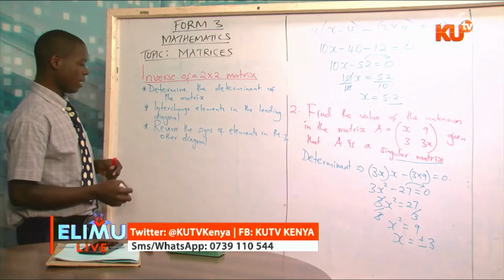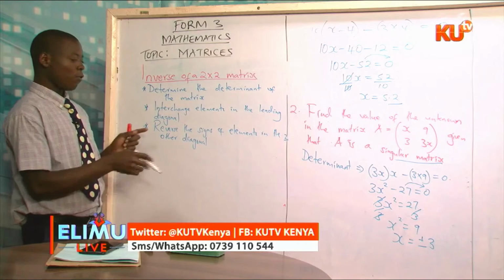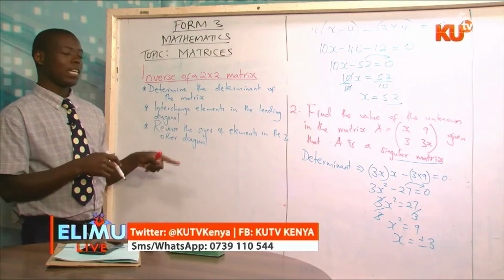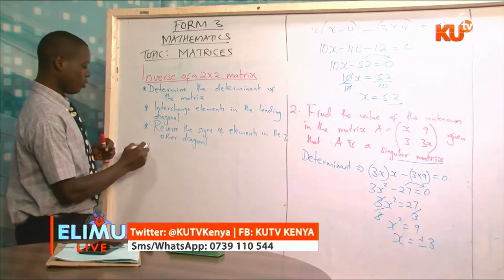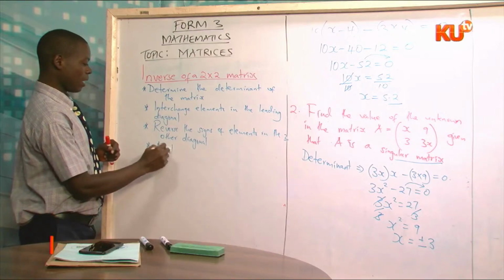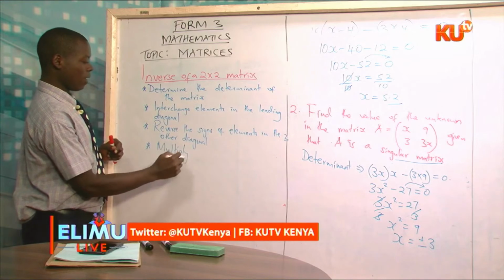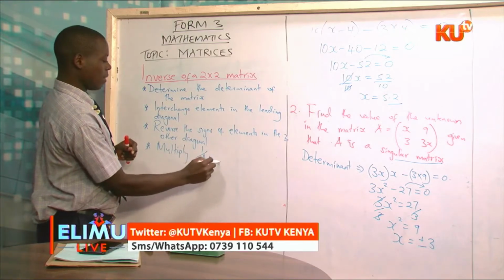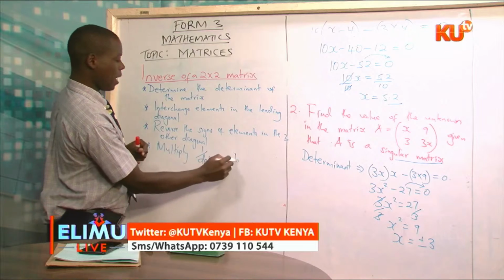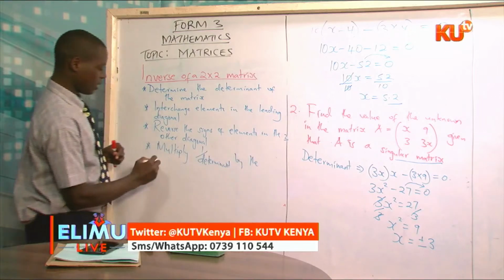After you've reversed the signs and interchanged the elements, you obtain a new matrix. So the last step that you do, you simply multiply 1 over the determinant by the resulting matrix.